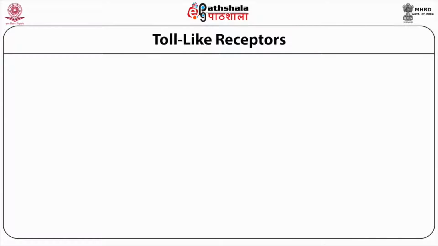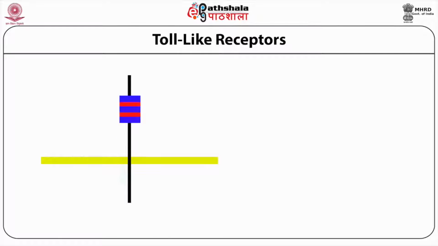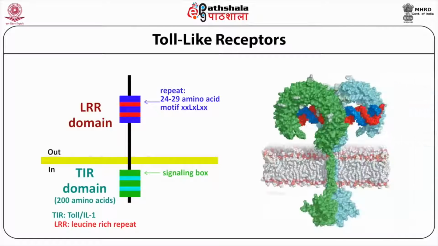Let us now move on to the various pattern recognition receptors. As we mentioned, an important example of this is a class generally called toll-like receptors. They are abbreviated normally as TLRs.